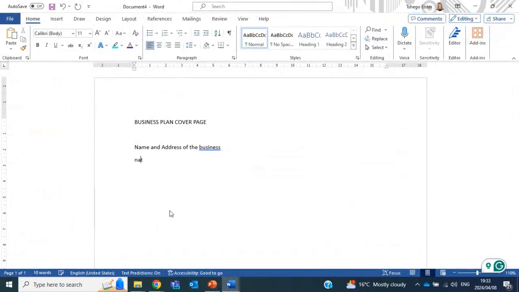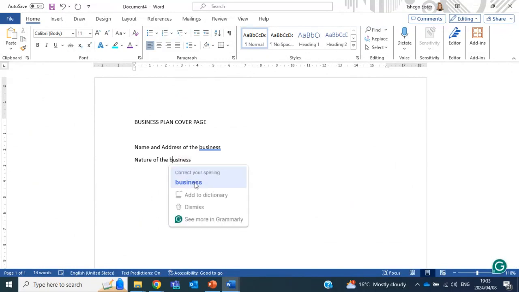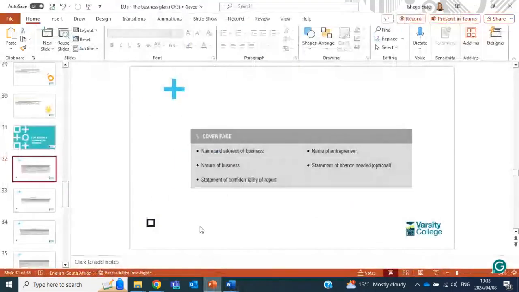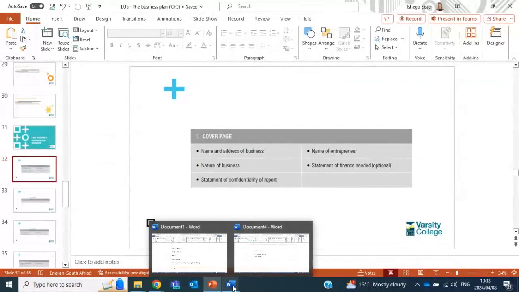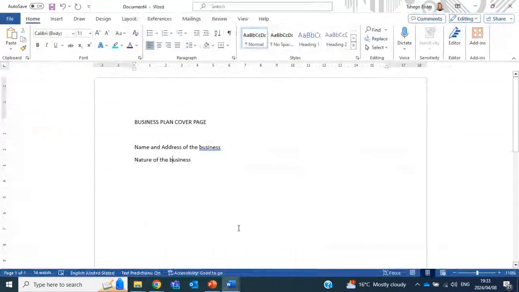So what is your business all about? Nature of the business. And then it's got a statement of confidentiality, the name of you as the entrepreneur, and the statement of finances, which will not be relevant for us.